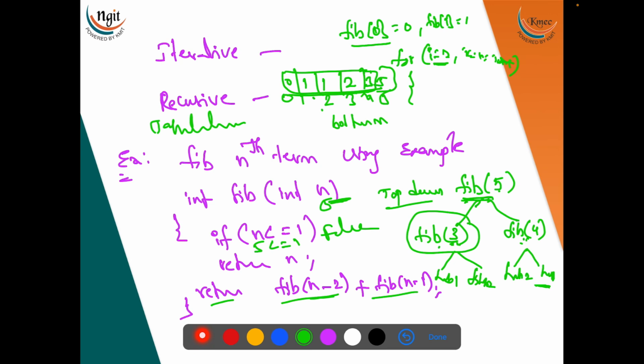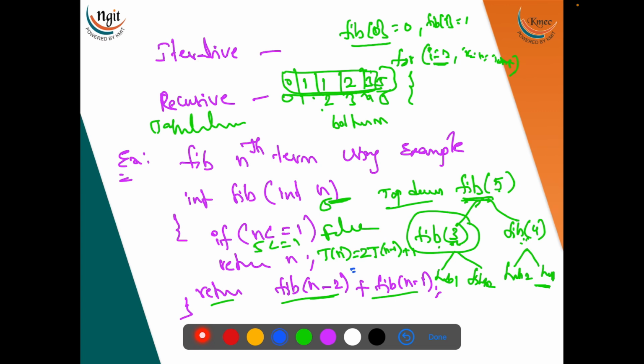So when you are doing the same job again and again recursively, the time complexity obviously will be more. You can watch recurrence relation videos so that you can understand what I am teaching here. If you see the time complexity of this, T of n is equal to 2T of n minus 1 plus 1.